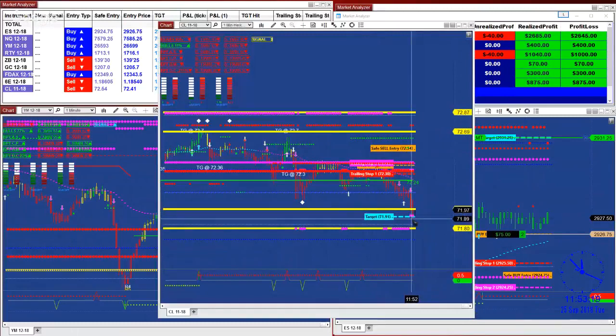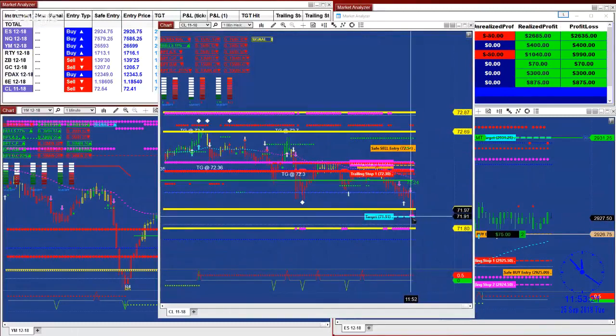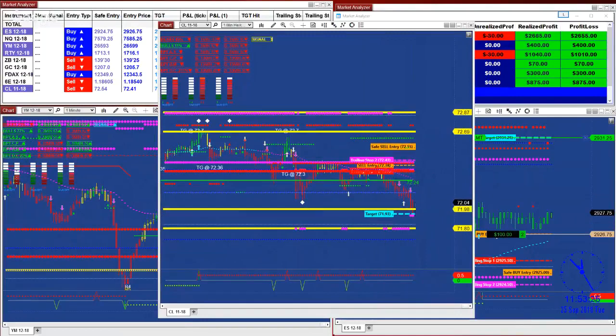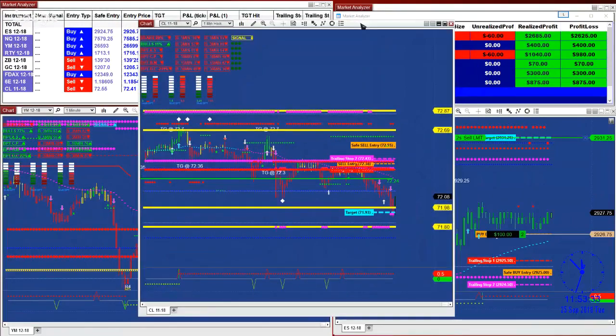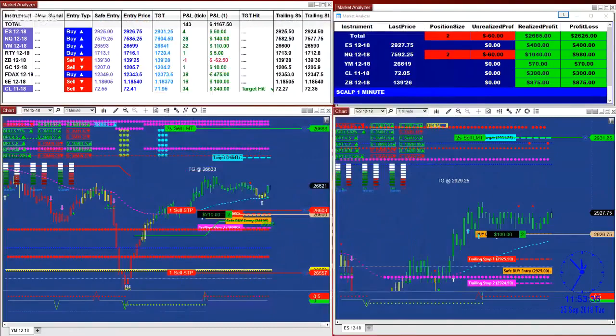Target hit, guys, on the CL. Target hit at 71.91, and now it's about to reverse. So let me see if I can find anything on the CL. And now there are a lot of buyers coming in on those two trades, the YM and the ES.